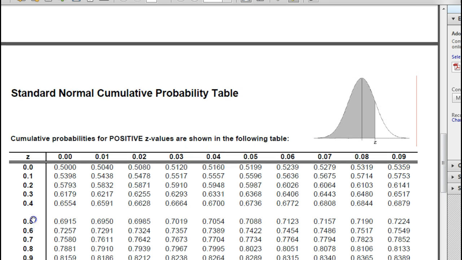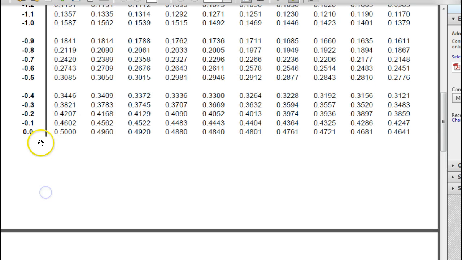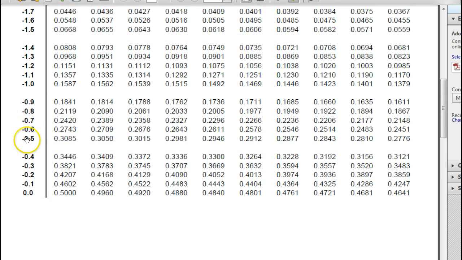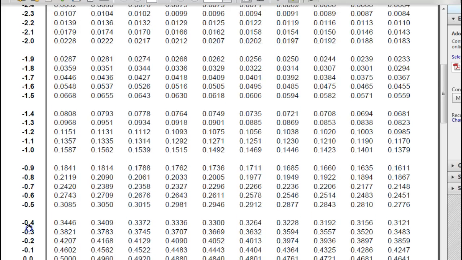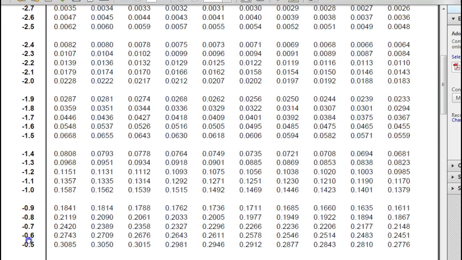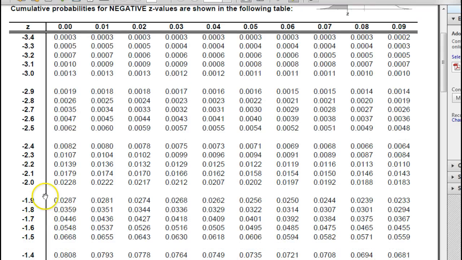Now these are all positive, so I'm just going to scroll over to the negative side. So here are my negative zeros. Here's my negative 0.2. Now I want negative 0.27. So look at the top here. This column is the 0, and then 0.1, 0.2, 0.3, 0.4, 0.5, 0.6, 0.7.